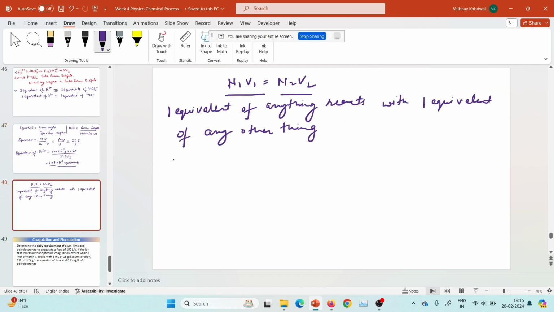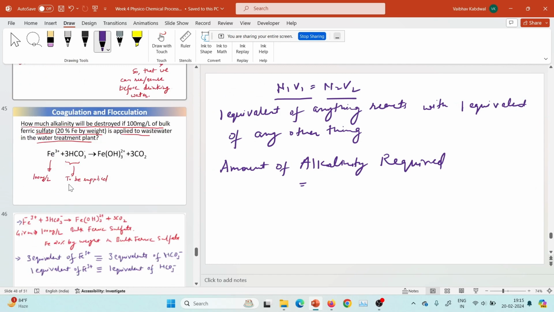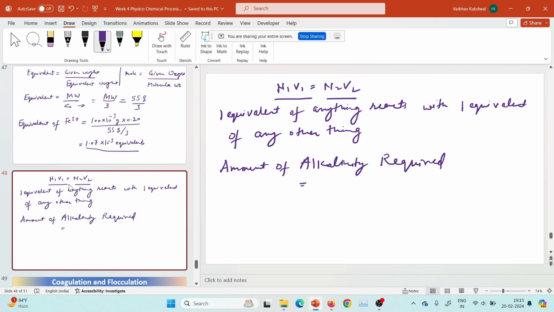So the amount of alkalinity required is this much only, 1.07 into 10 to the power minus 3.